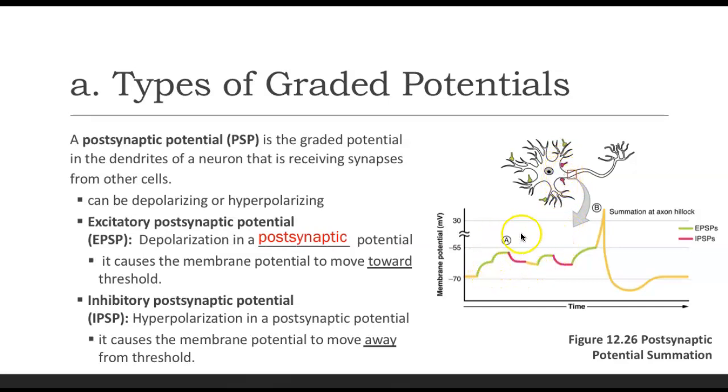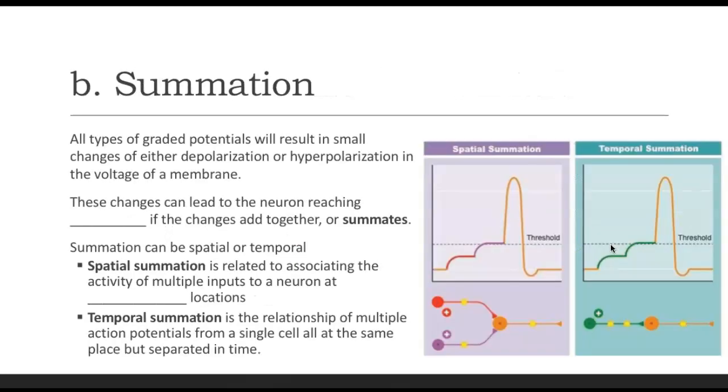So what happens is we have to do summation here. You're adding all of these potentials together to see which is stronger, our EPSPs or the IPSPs. Which do we have more of? So it looks like toward the end here, we have enough of those EPSPs to bring us up to threshold and allow an action potential to take place.